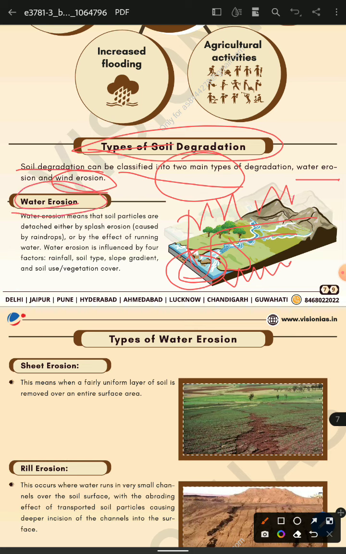Water erosion is the removal of soil particles related to splash erosion caused by raindrops and affected by running water, influenced by four factors, the relief and the soil use.